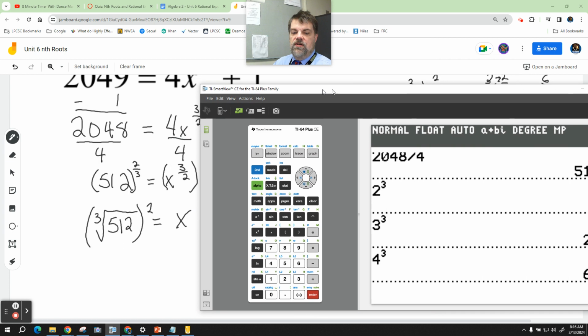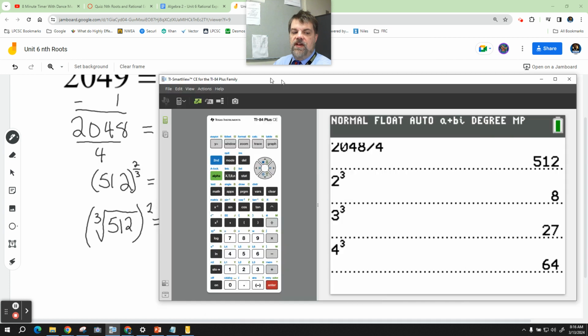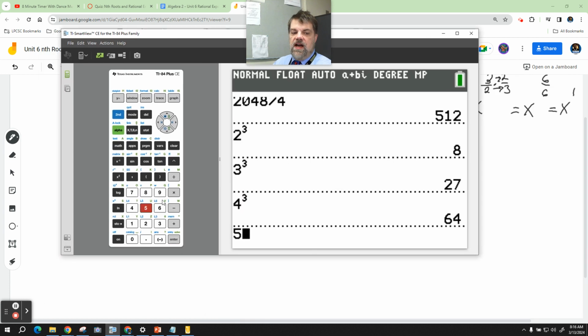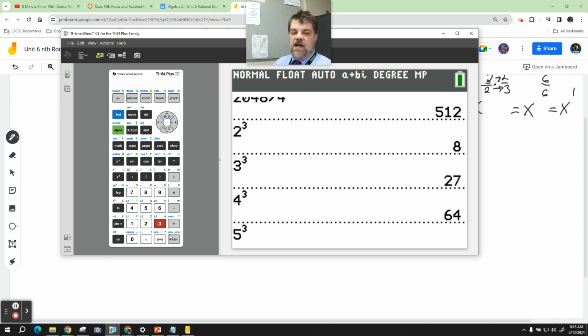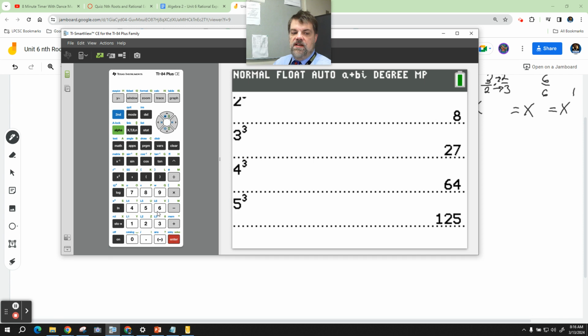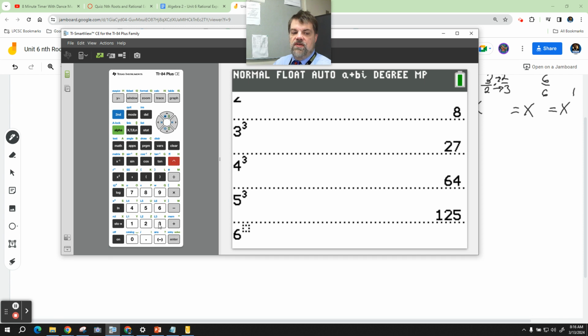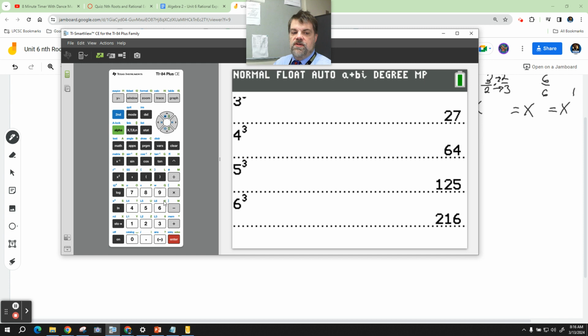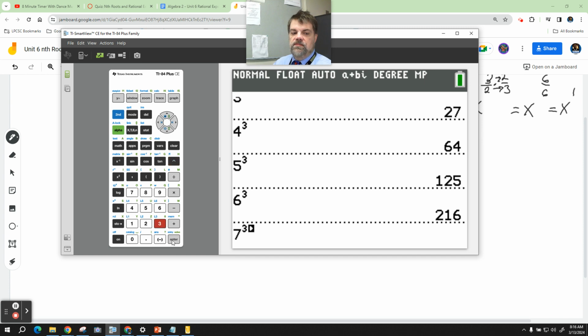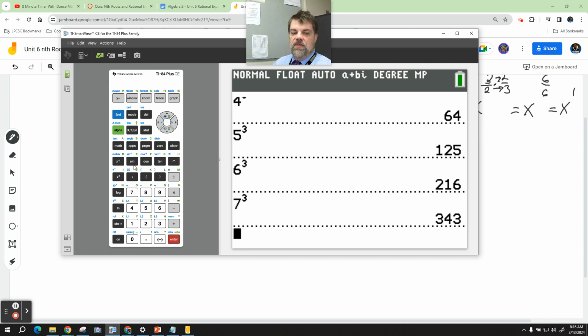Because I'm taking the 3rd root. Did I hit 512 yet? No. 5 raised to the 3rd power, 6 raised to the 3rd power. We're getting closer. I bet you it's 8 raised to the 3rd power. Yeah, I bet you it is. 8 raised to the 3rd power. There it is.